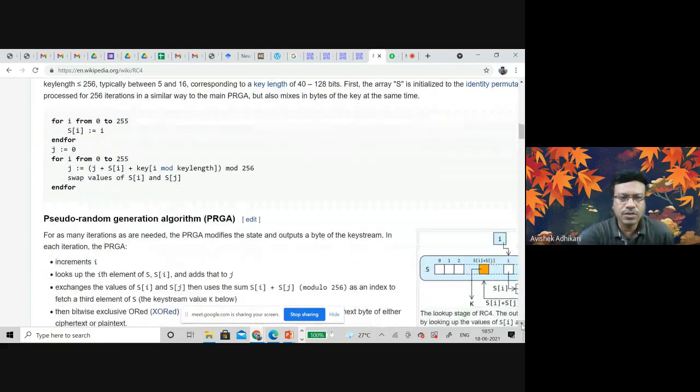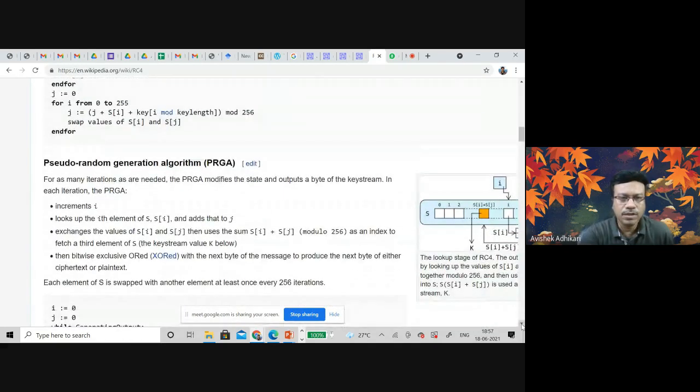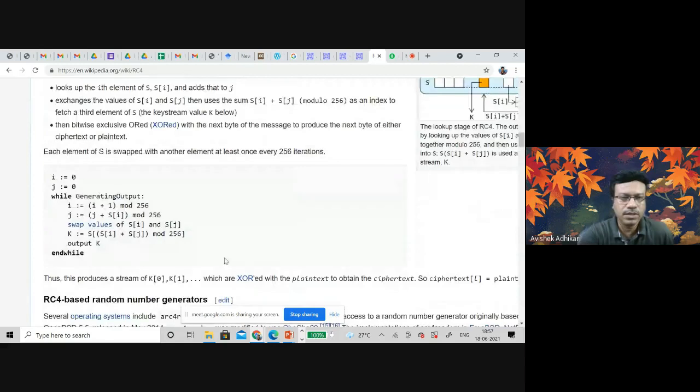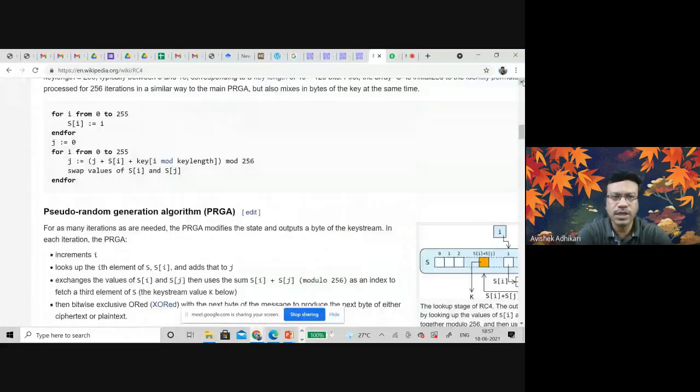Then it does the pseudo random generation algorithm, and that's also very easy. It's basically doing some addition and then finding the value S of S, that's all, and then outputs K.